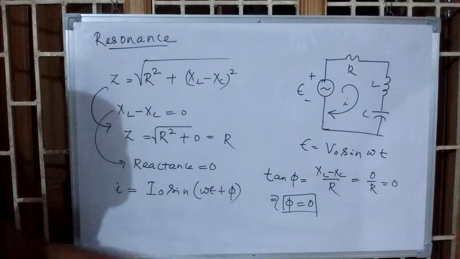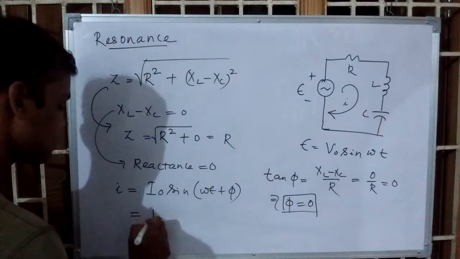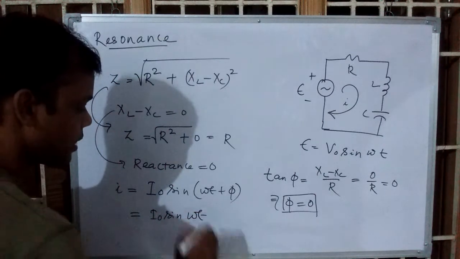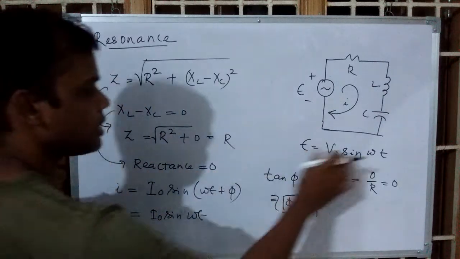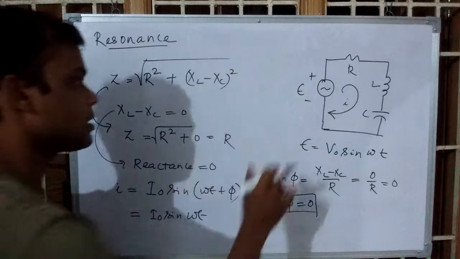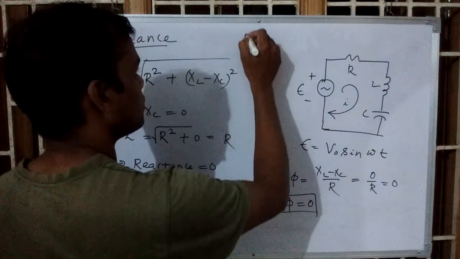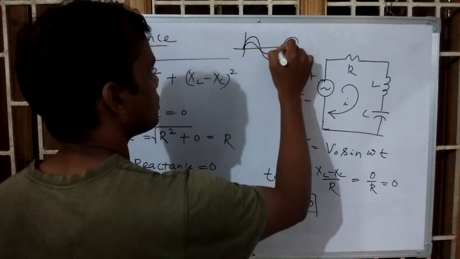Now if phi is equal to 0, then current becomes I naught sin omega t. That means the phase difference between voltage and current becomes 0. The current will be oscillating with the voltage in the same manner.